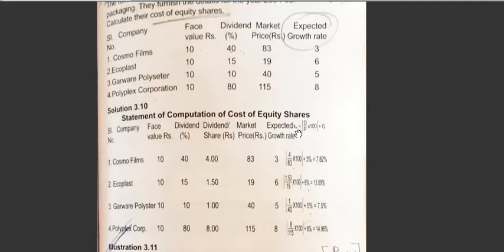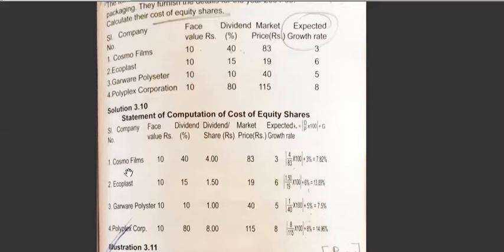Last one is Ke equals D divided by P into 100 plus g. Serial number you don't need, because we can write company, face value, dividend percentage, dividend per share, market price, growth rate and calculations. These columns you have to draw.